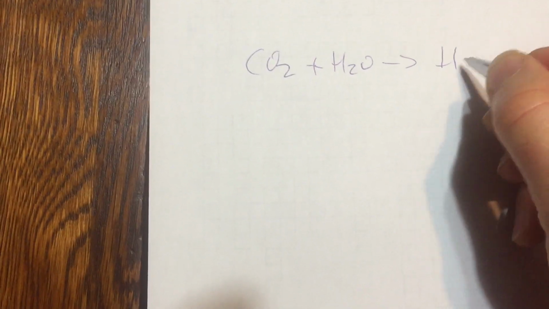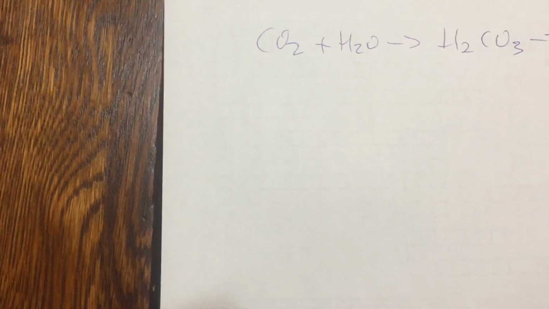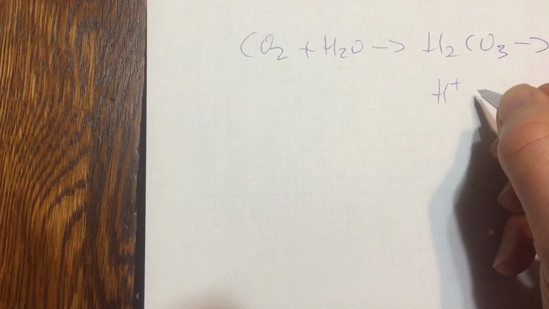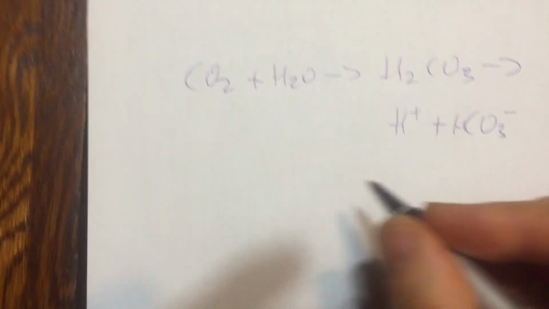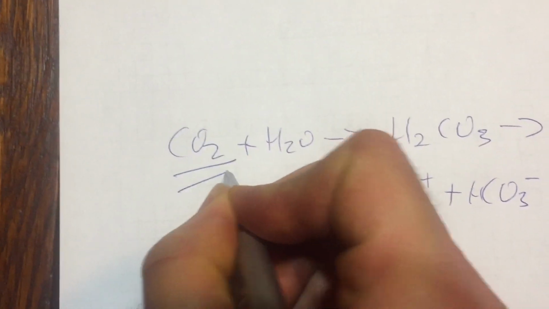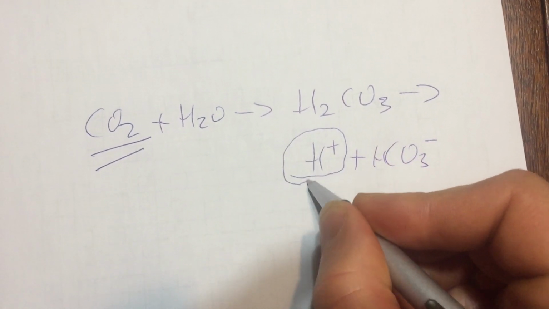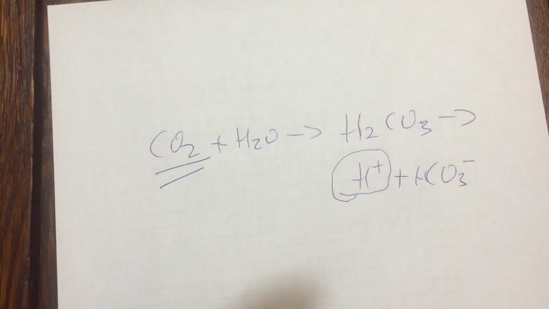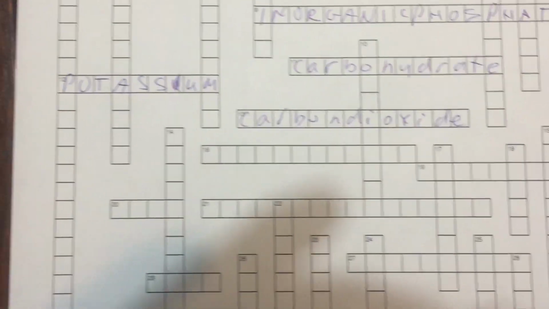That results in H2CO3, which in turn breaks down to hydrogen ion plus a bicarbonate ion. So when you get an increase in carbon dioxide in the blood, that eventually leads to an increase in hydrogen ions, which causes an increase in acidity. So the correct answer there is carbon dioxide.